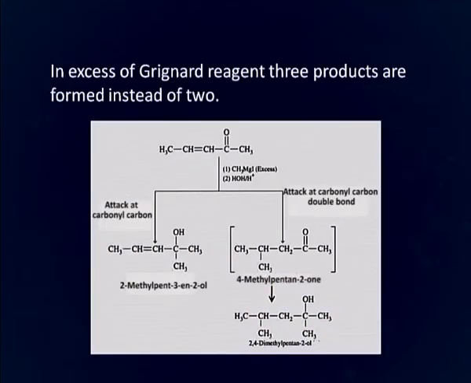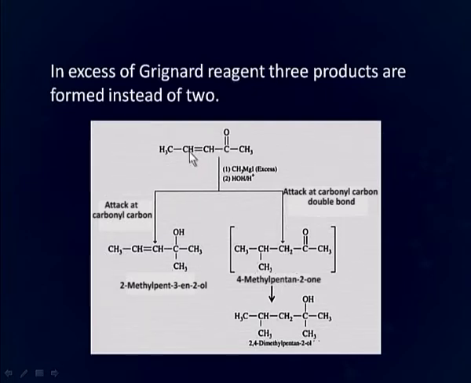If we use excess of Grignard reagent in these conditions, then instead of 2 we get 3 products. Now we will see why there is formation of one more product. Here you know already that in this molecule these are the two sites. Here the carbanion can attack and here also the carbanion can attack.